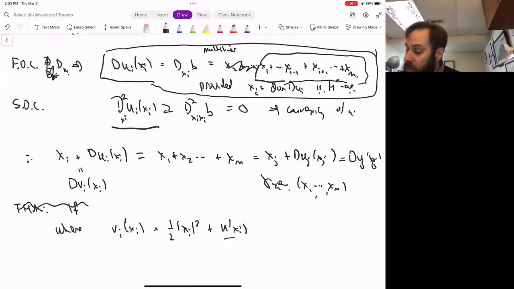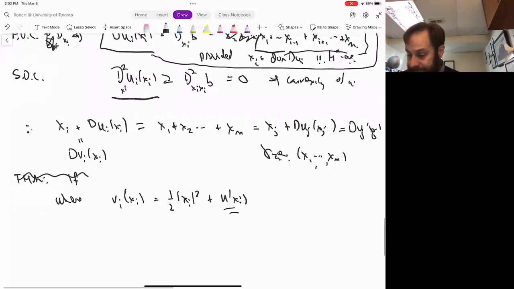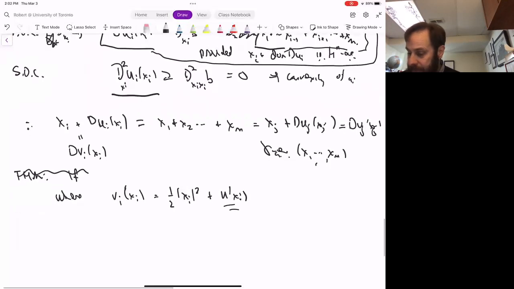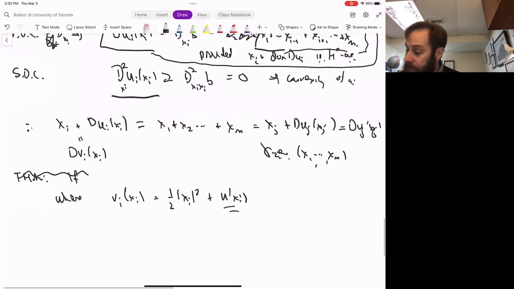And so we already knew u was convex, v is even more convex. So sometimes you call that uniformly convex or whatever. In particular, the Hessian of vi is equal to the identity matrix plus the Hessian of ui, which is non-negative, so it's bigger than the identity.